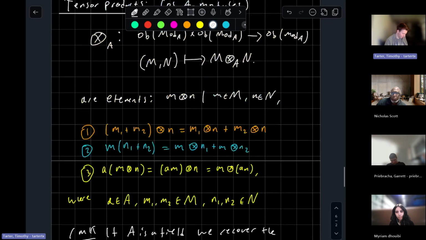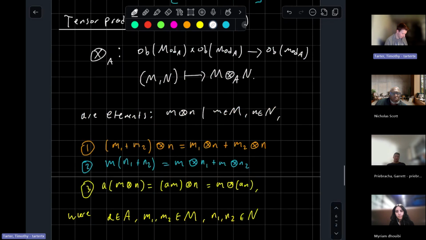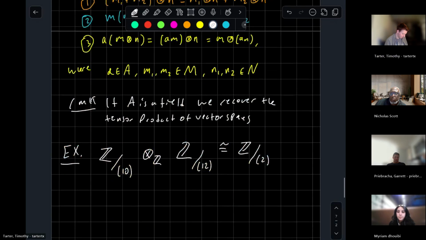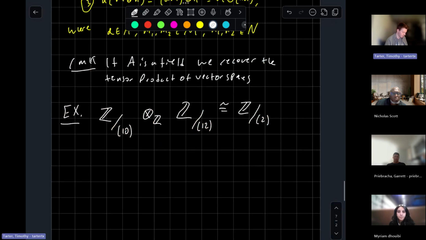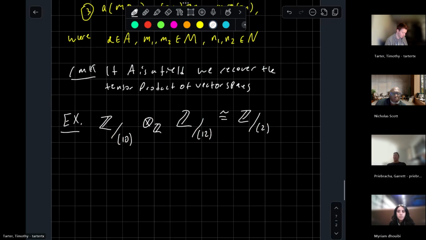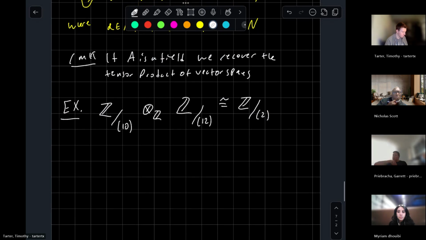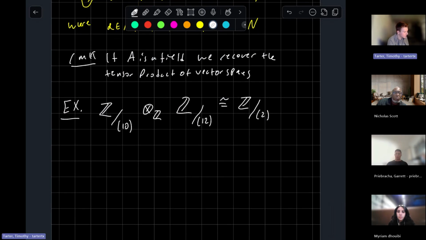I'm trying to figure out the notation, so let me look it up real quick.